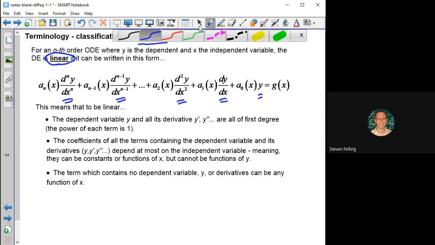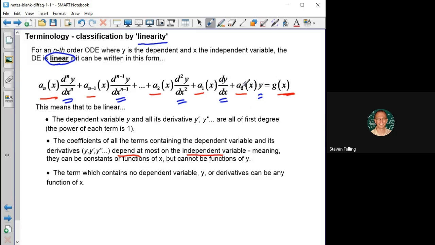And then the coefficients of each of those terms, as well as the function on the right-hand side that doesn't contain any dependent variable, can either be constants or functions. They can depend on the independent variable. So in this case, they could be functions of x, but they can't contain any y's anywhere.